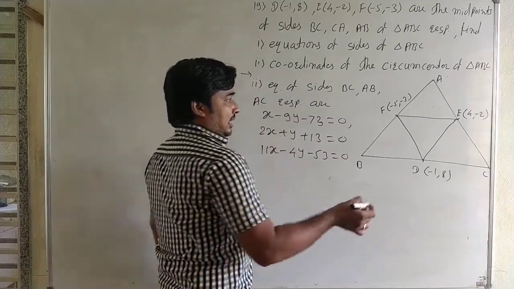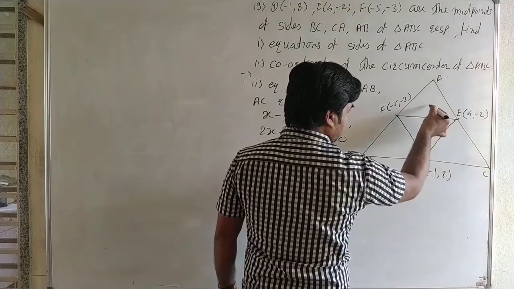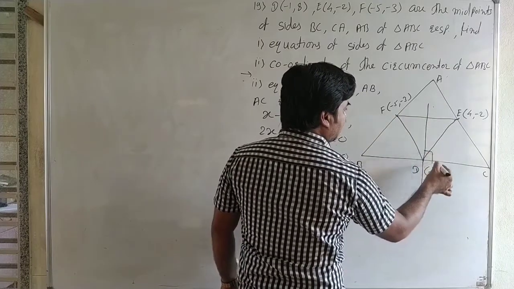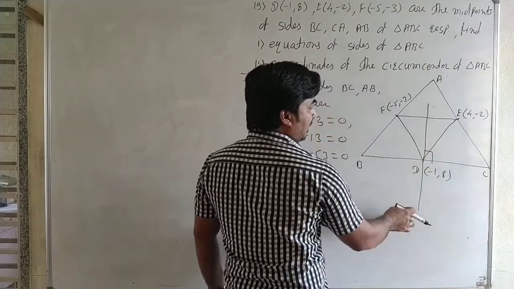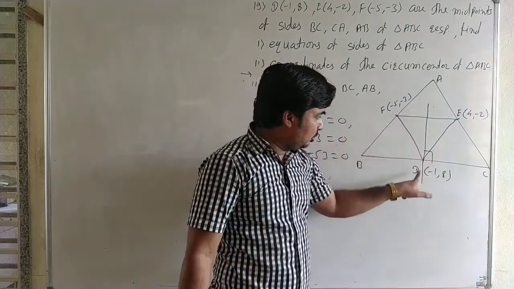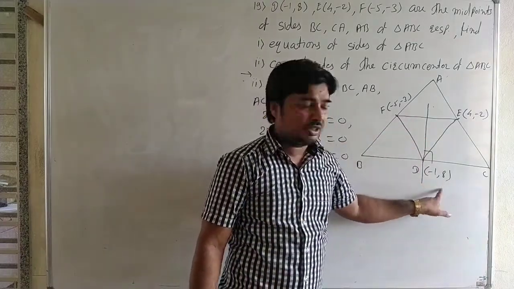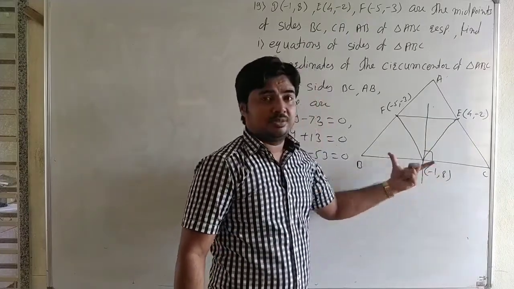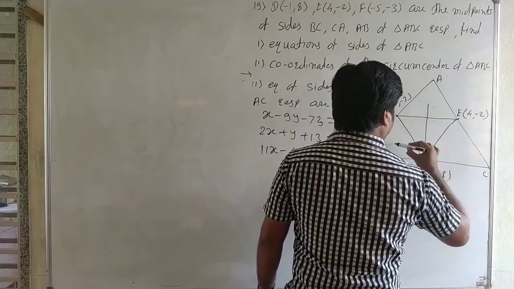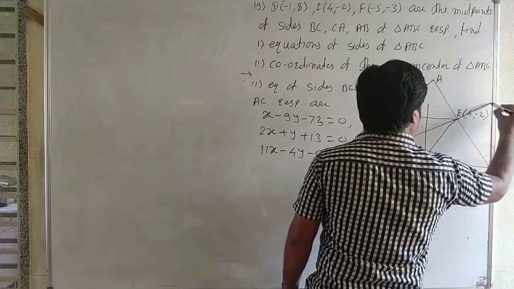That means we want to find the perpendicular bisector which passes through point D. D is a midpoint, and the bisector is perpendicular to BC. Then again we find the perpendicular bisector here.